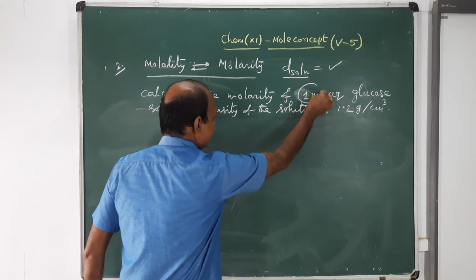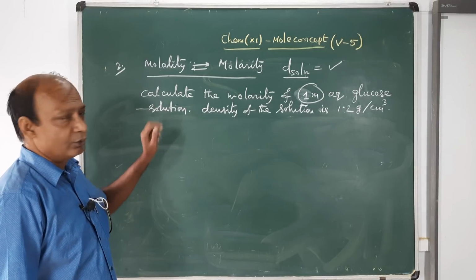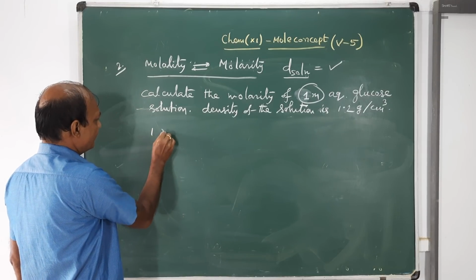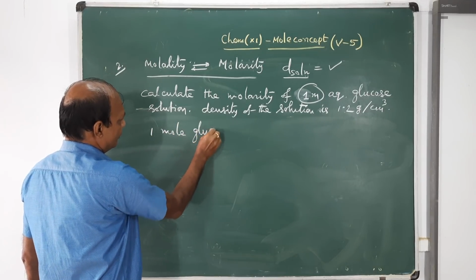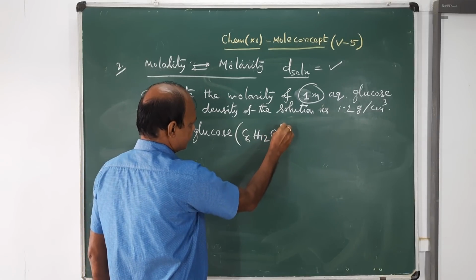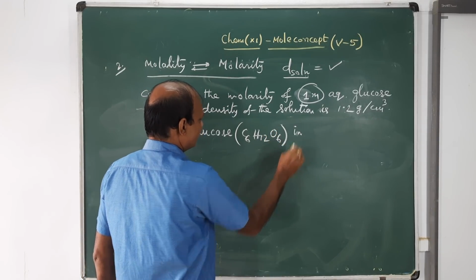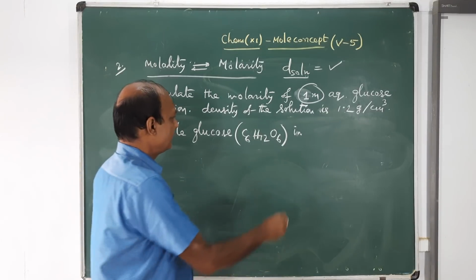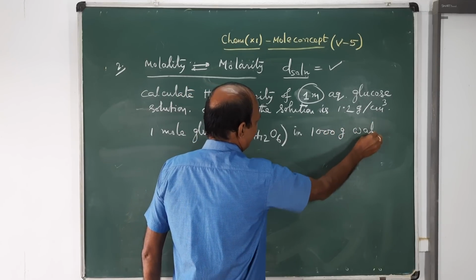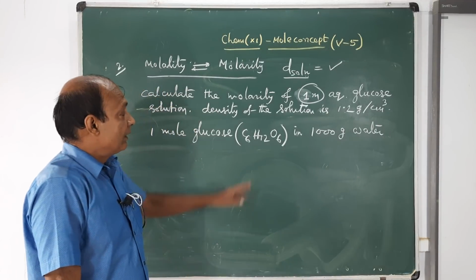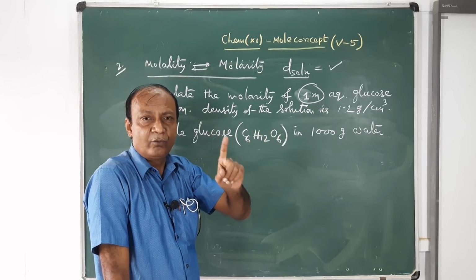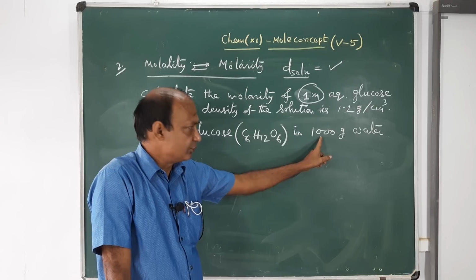Let me explain the meaning of this. 1 molal aqueous glucose solution means 1 mole of glucose, formula C6H12O6, is dissolved in 1000 gram water. Okay, this is the meaning. That is, there is 1 mole glucose in 1 kg water, which is 1000 gram water.